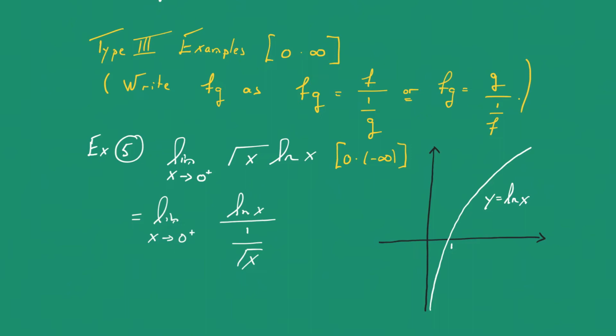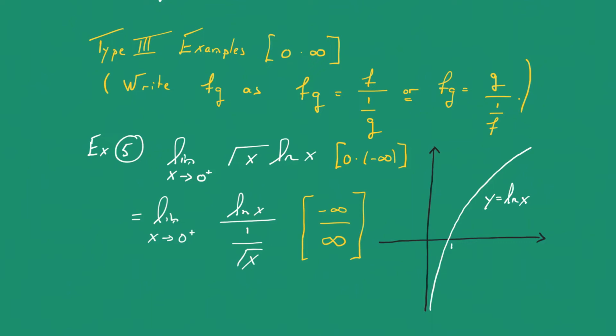And as x tends to 0 from the right, this 1 over root x, well, that root x in the denominator is going to be a very small positive value. 1 divided by a very small positive value is going to be very large. This limit here then is going to be plus infinity. Okay, so this is of type minus infinity over infinity. And that is the sort of limit to which we can apply L'Hopital's rule.